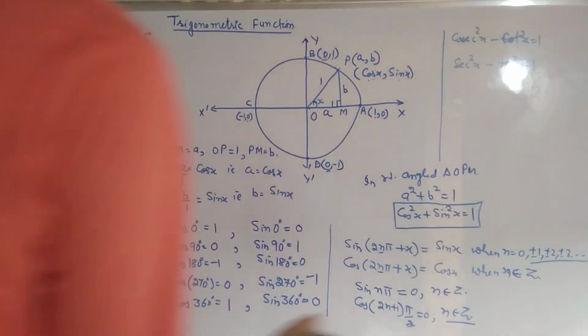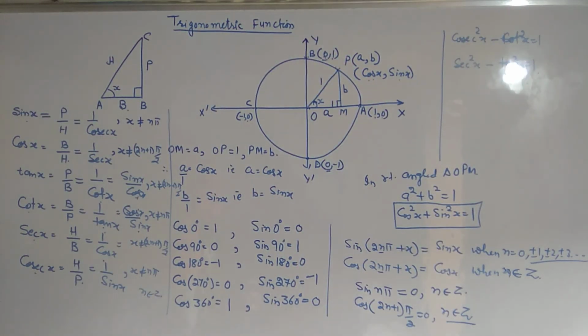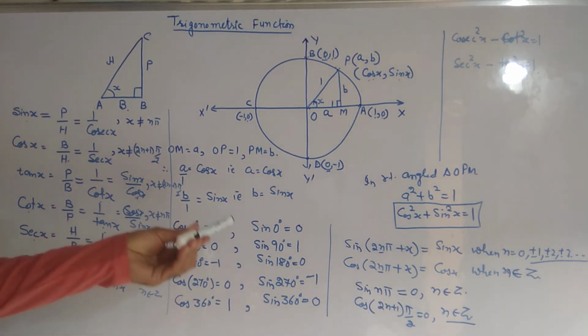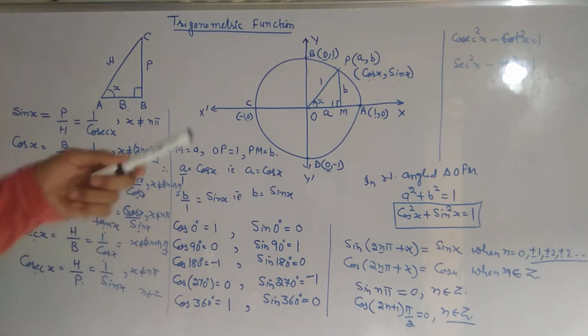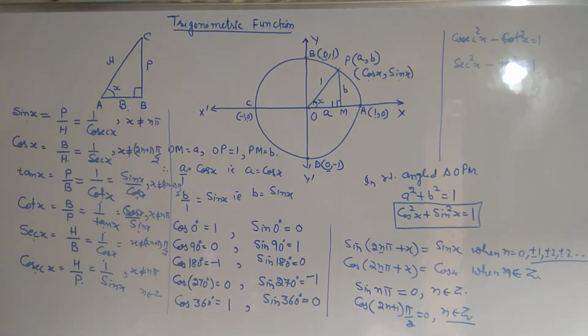So these are the basic trigonometric functions and values of sin and cos at 0 degree and 90 degree. Further, we will study in another video the values of trigonometric functions at 30 degree, 45 degree and so on. First of all we must have knowledge of these trigonometric functions.